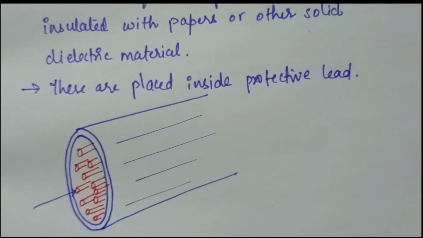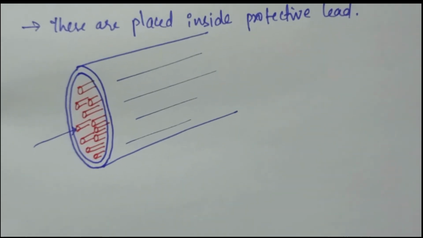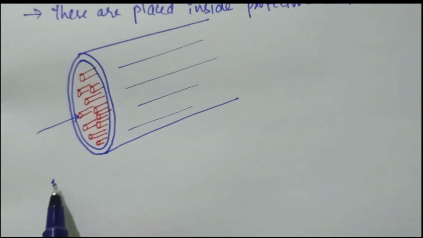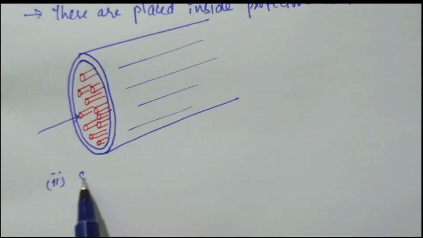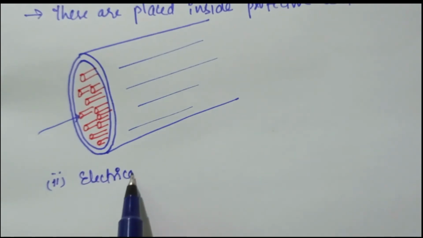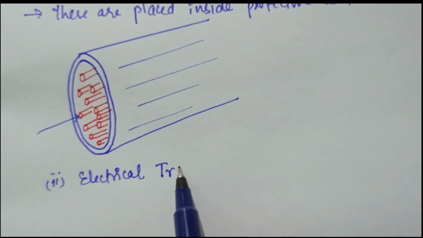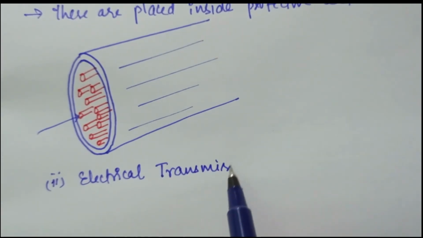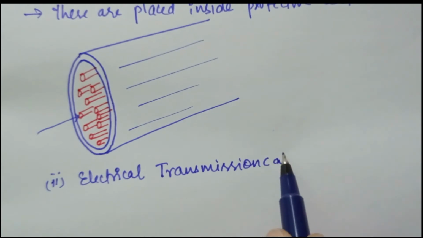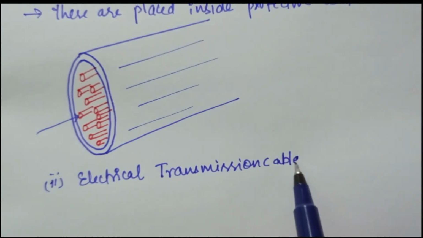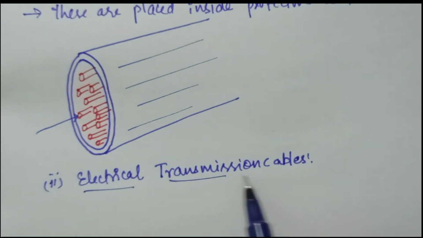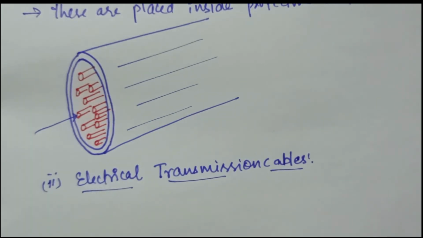Next example is electrical transmission cable. It is similar to the previous type, similar to telephone cables, but it has only two or three internal conductors. The concept is the same.